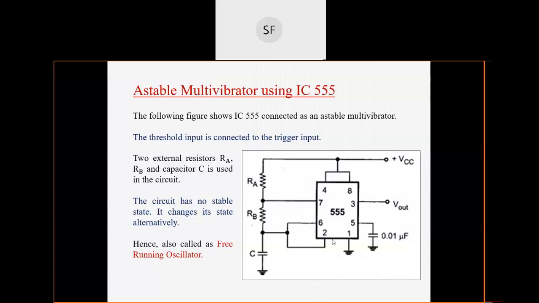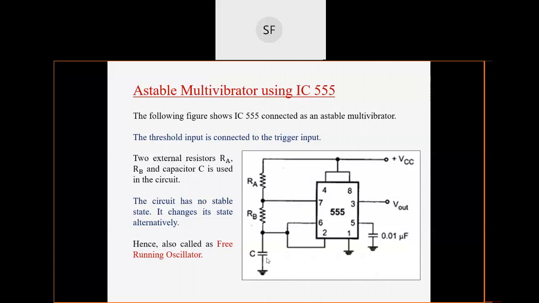You don't have to remember everything, just remember the differences. That's why the comparison is important. If you understand the differences between the two circuits, then you can easily remember one and find out the other. You can observe here RA, RB and a capacitor.